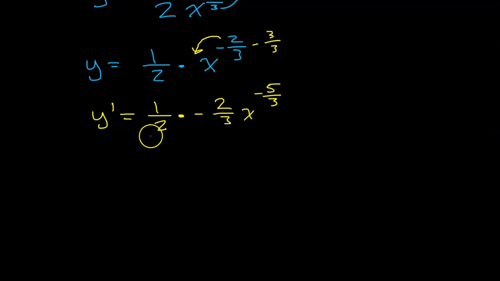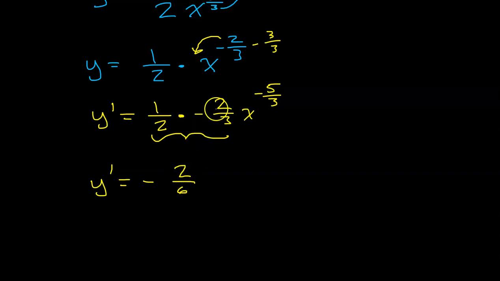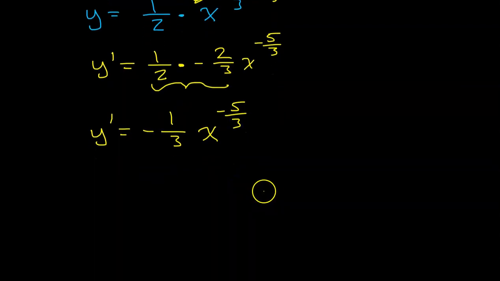All right, now I can go ahead and multiply these together. So I'm going to have y prime is equal to negative 2/6, but this is going to reduce down to 1/3. All right, so negative 1/3 x to the negative 5/3 power.